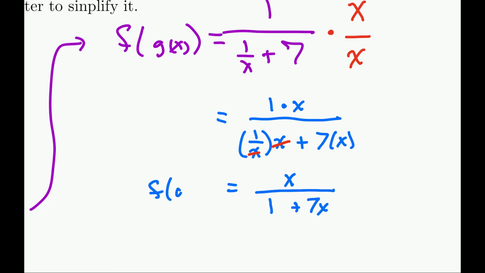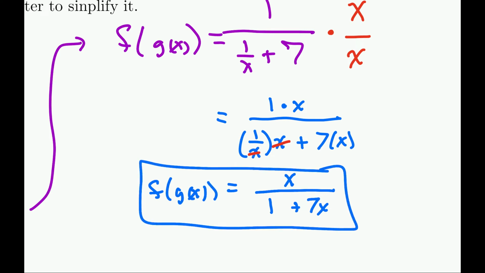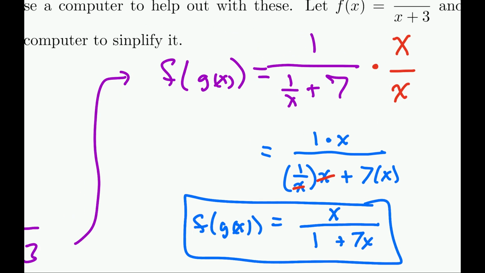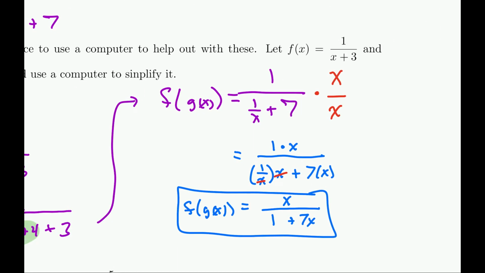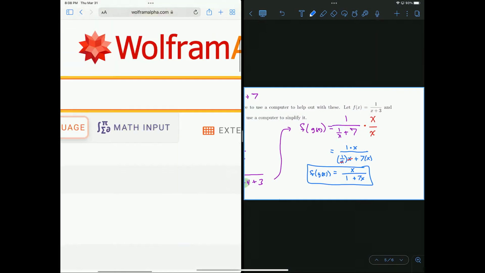But I did it on the computer because I want you to know that you can work these out on a computer. Now, also, while we're doing this, I do want to show you that you can work these out completely on a computer. So what you could do is as follows, if you get stuck on some of these on the homework.